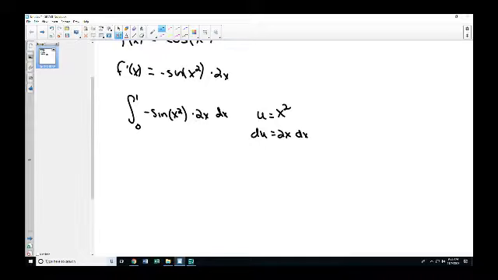So what we need to do is get rid of this and plug in du. And then we're also going to substitute u for x squared. So you got two substitutions there. And the rest of it stays.